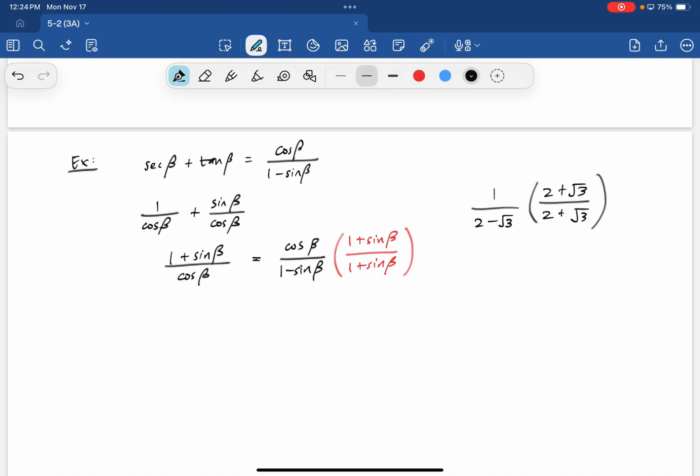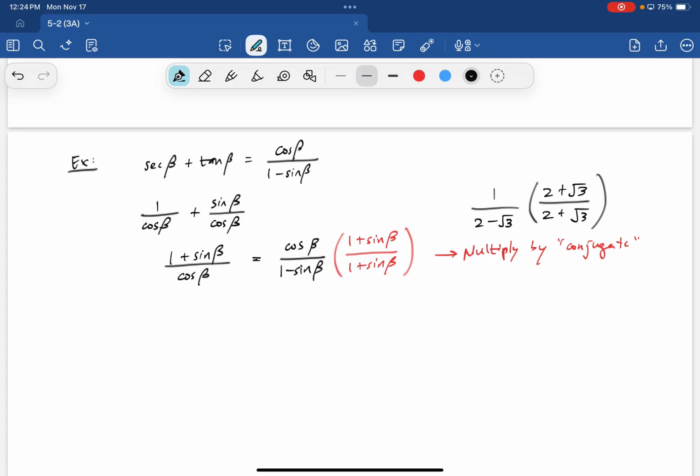So in trig, there's a similar idea. Okay, so this is called multiplying by a quote-unquote conjugate. It's not really a conjugate, is it? So whenever we encounter a 1 minus sine, we can multiply top and bottom by 1 plus sine. Or if we had a 1 plus cosine, we could multiply top and bottom by 1 minus cosine.